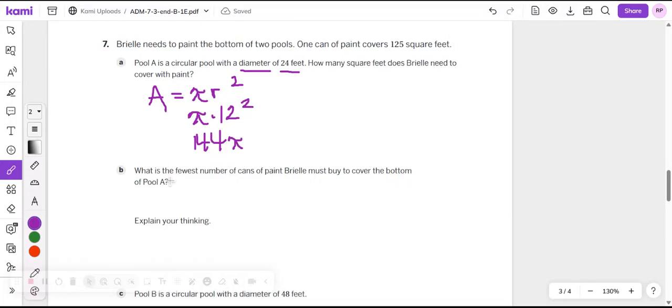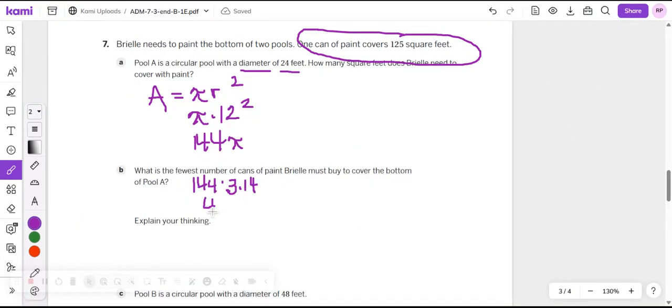The next part says, what is the fewest number of cans of paint Brielle must buy to cover the bottom of pool A? Well, we know that 1 can of paint covers 125 square feet. For this part of the problem, I have to get an approximation of square feet, so I'm going to figure out what 144 times the approximate value of pi is.